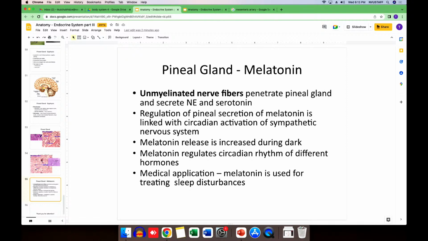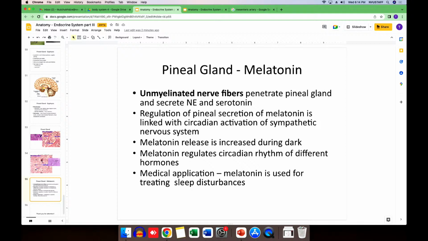Melatonin is released during the dark period at night, so it gives us a clue that it is night and we should sleep. Melatonin also regulates the circadian rhythm of different hormones, of course.